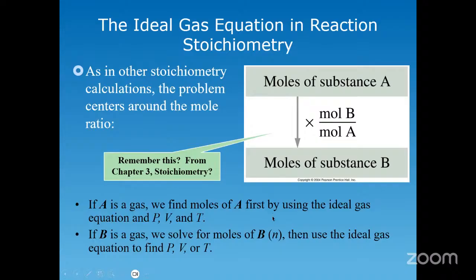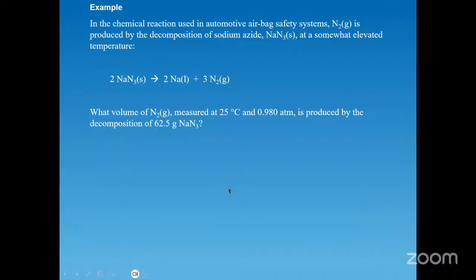I have an example lined up here which illustrates what I just discussed. This question talks about a compound, sodium azide. It says here that it's used in automotive airbag safety systems, though I don't think that is used anymore.